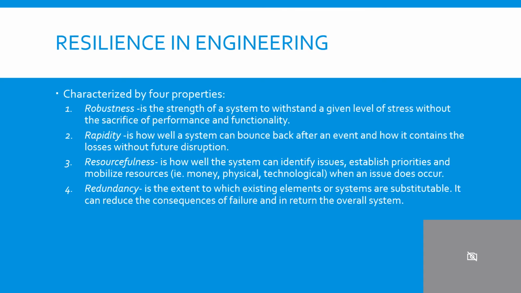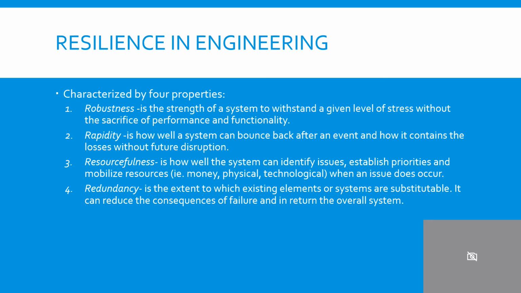So, a little bit more about resilience in actual engineering is that there are four main characteristics that are crucial factors that should be taken into consideration, and that is robustness. Robustness is the strength of a system to withstand a given level of stress without the sacrifice of performance and functionality.